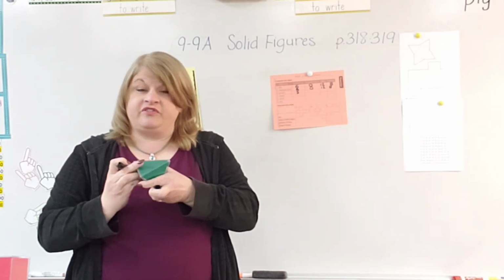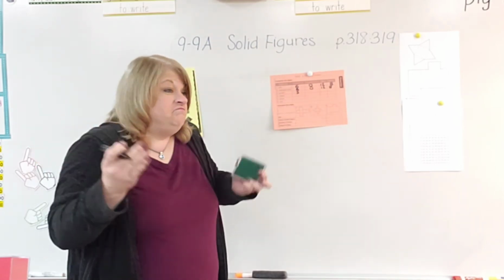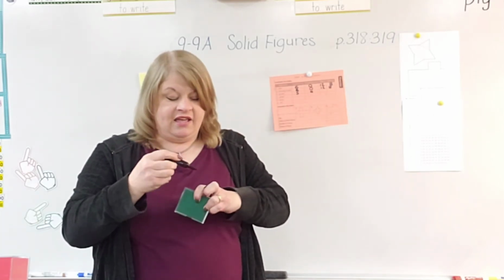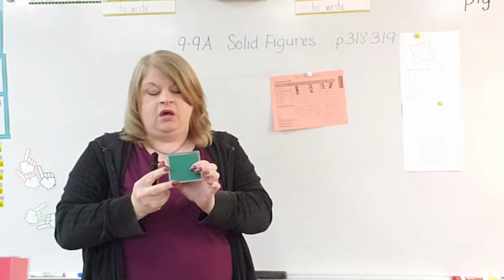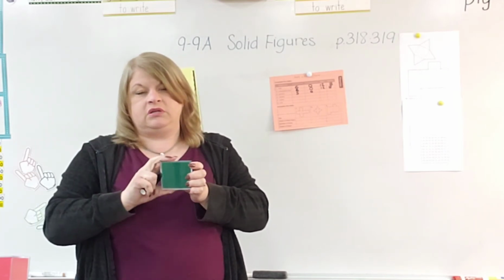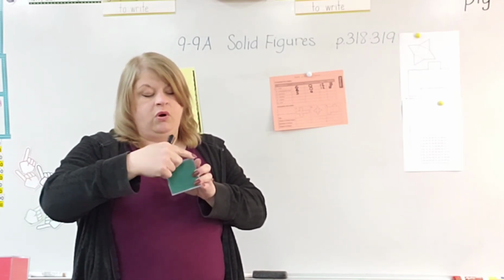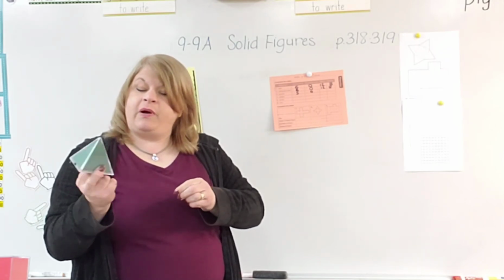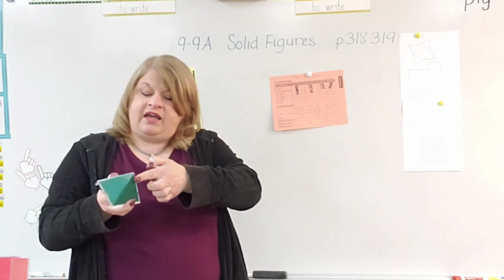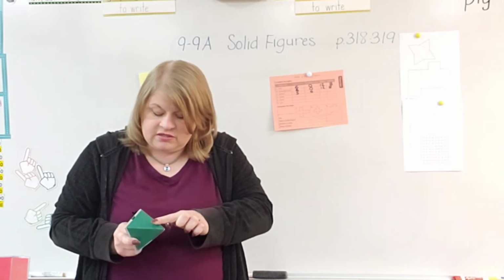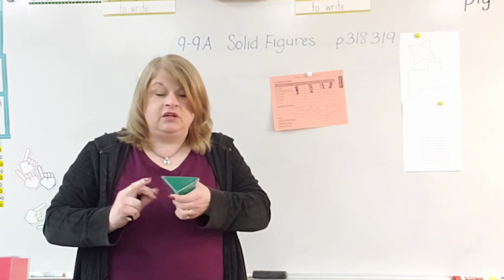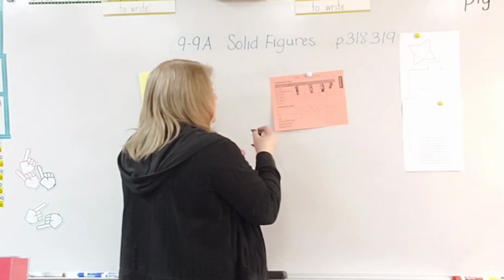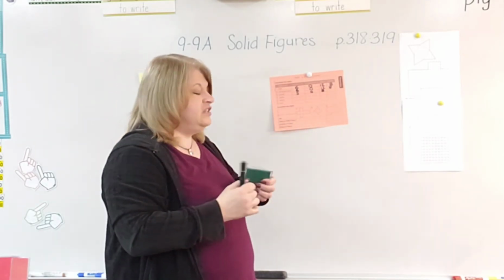How many curved surfaces? None. Edges. Ooh, we need to count these. Okay, on the side with the square. 1, 2, 3, 4. And then now on the part with the pyramid. 5, 6, 7, 8. It has 8 edges. All right. And vertices.